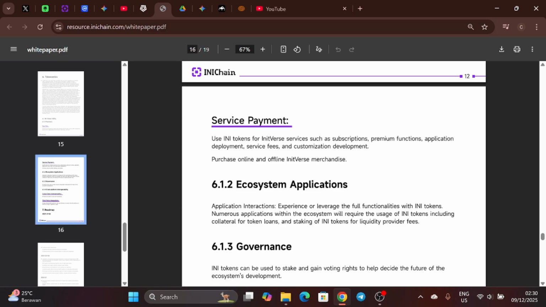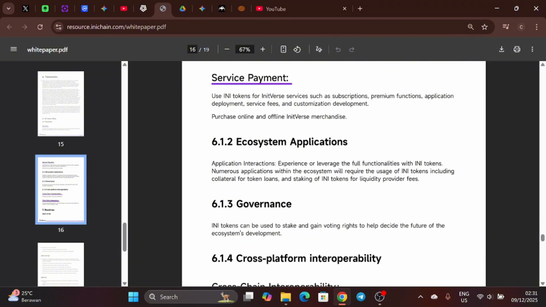You are also able to purchase online and offline InitVerse merchandise. So, ecosystem application. Application interactions, experience or leverage the full functionalities with INI token. Numerous applications within the ecosystem will require the usage of INI token, including collateral for token loans, staking INI token for liquidity provider fees.